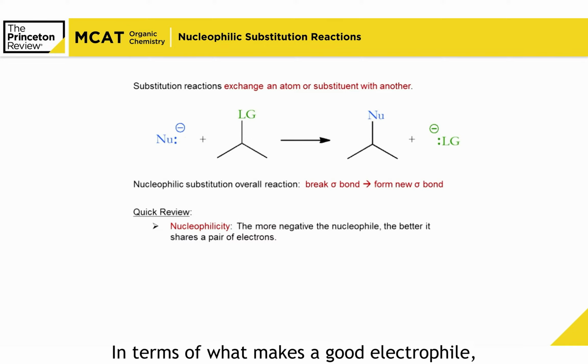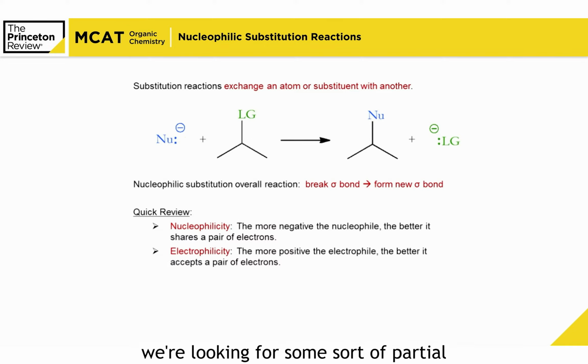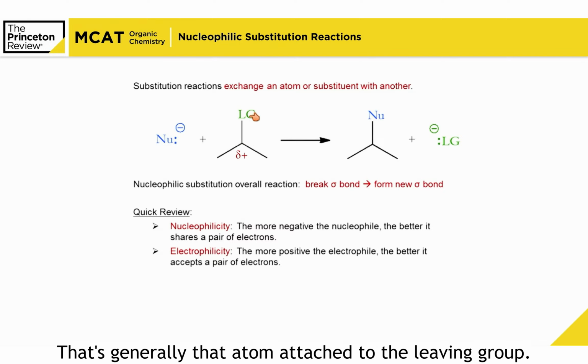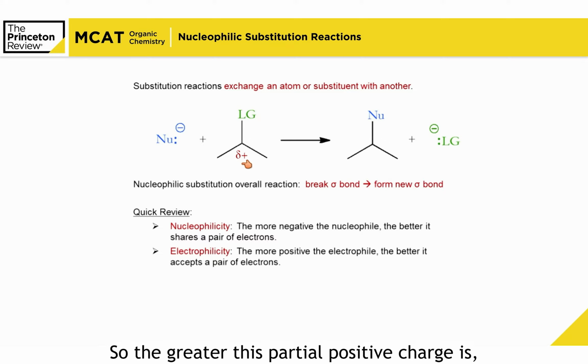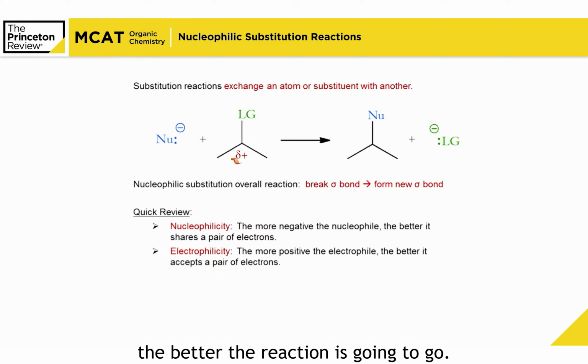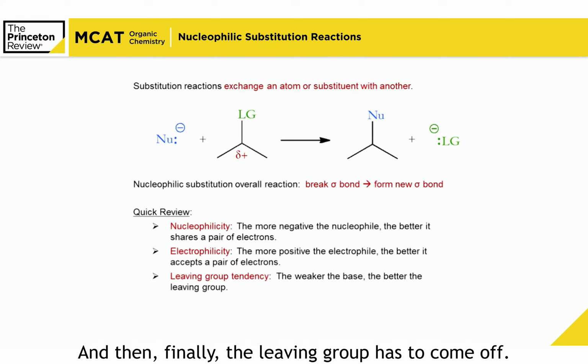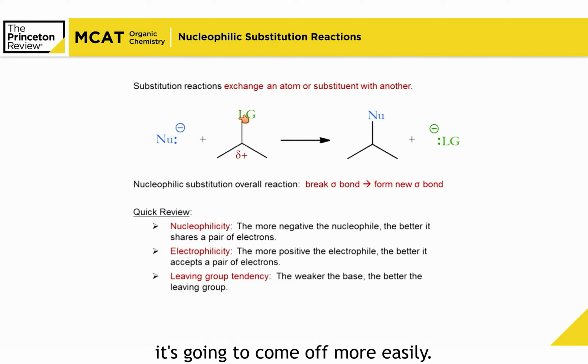In terms of what makes a good electrophile, we're looking for some sort of partial or full-blown positive charge on one of the atoms of the other component of the reaction. That's generally the atom attached to the leaving group. So the greater this partial positive charge is, the better the reaction is going to go. And then finally, the leaving group has to come off. If I have a good leaving group, it's going to come off more easily. This leaving group will depart from the electrophile if it's going to be more stable in solution.